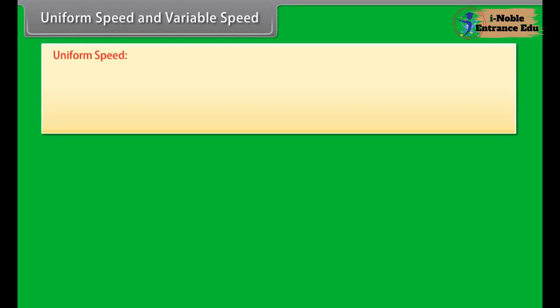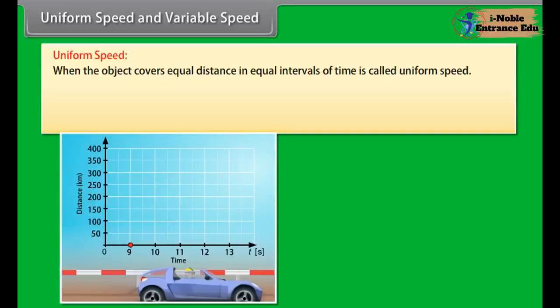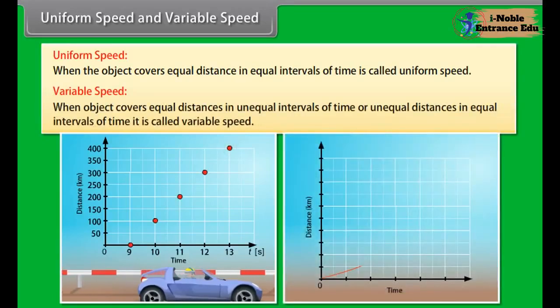Uniform speed and variable speed. Uniform speed. When the object covers equal distance in equal intervals of time, it is called uniform speed. Variable speed. When the object covers equal distances in unequal intervals of time or unequal distances in equal intervals of time, it is called variable speed. Average speed and instantaneous speed.